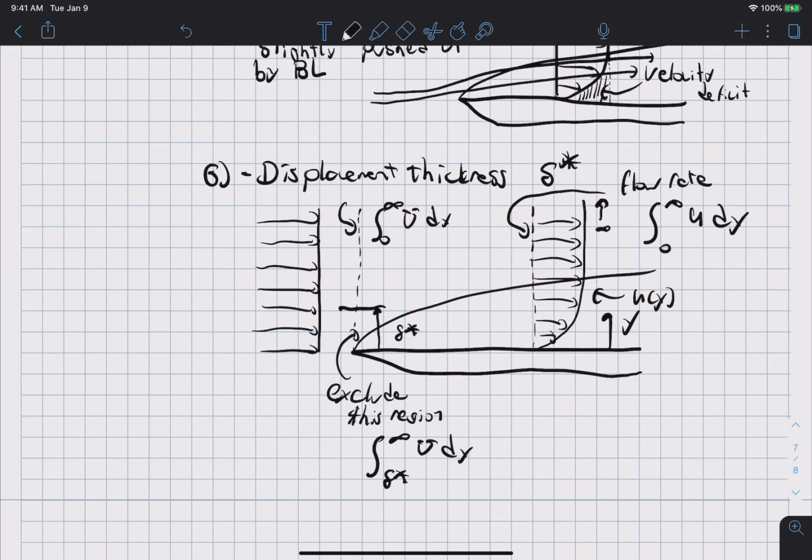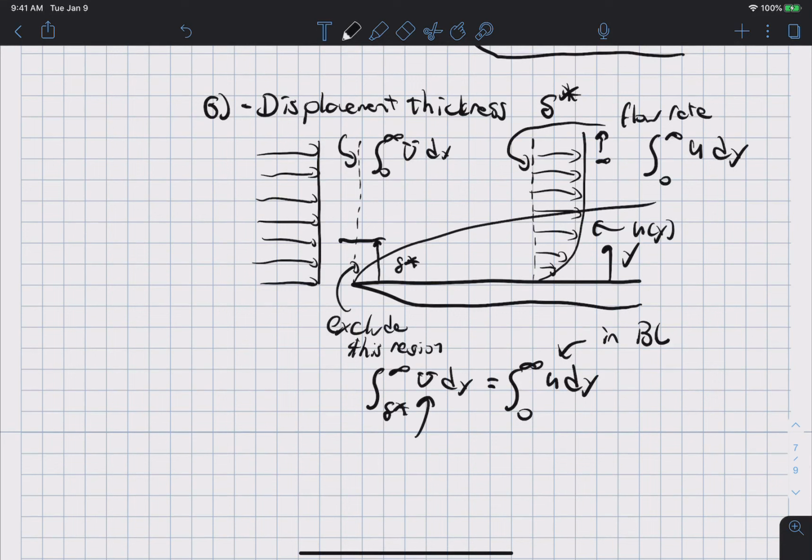Okay, so I'm going to say that this is equal to the integral from 0 to infinity of u dy, and this is in the boundary layer, and this is just outside the boundary layer, or just upstream of the boundary layer.